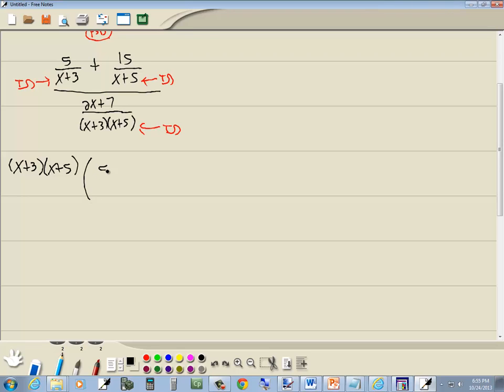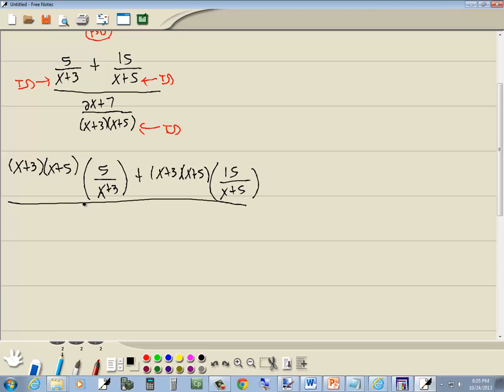So we'll multiply times the 5 over x plus 3. We'll multiply it times the 15 over x plus 5. And we'll multiply it times 2x plus 7 over x plus 3, x plus 5.